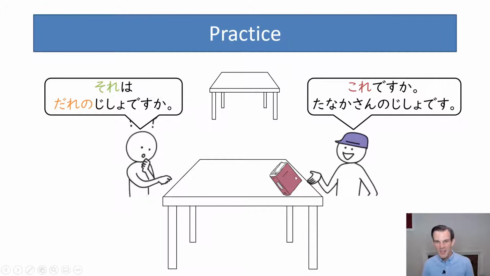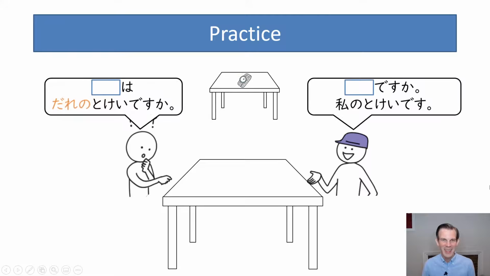So, oh, this, close to me, it's Tanaka-san's dictionary. Right? How about asking about this watch? あれは誰の時計ですか? あれですか? 私の時計です. Since it's far from both of them, they both use the same word, are, that over there.